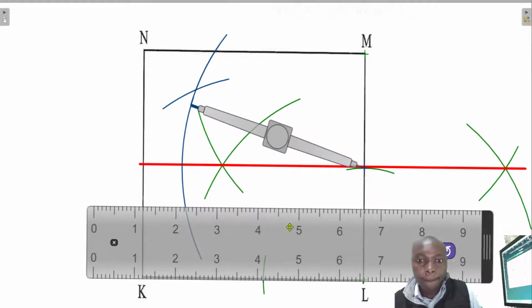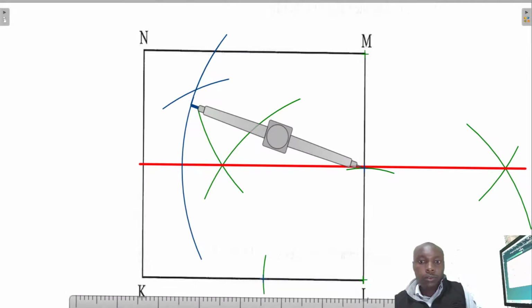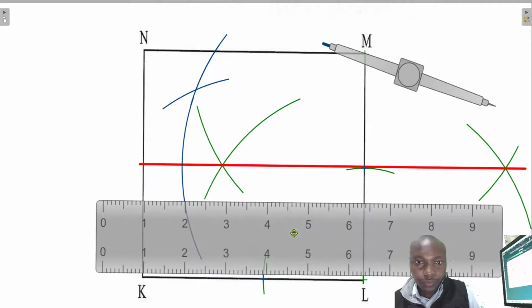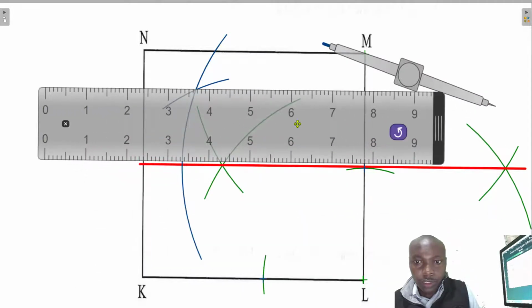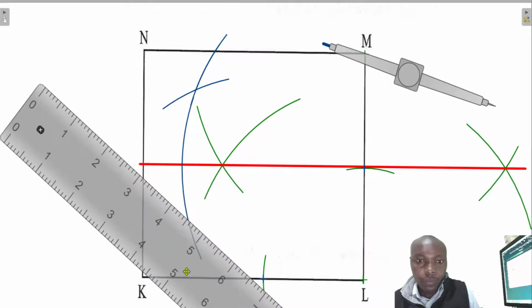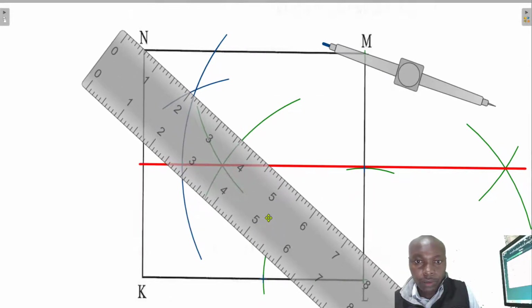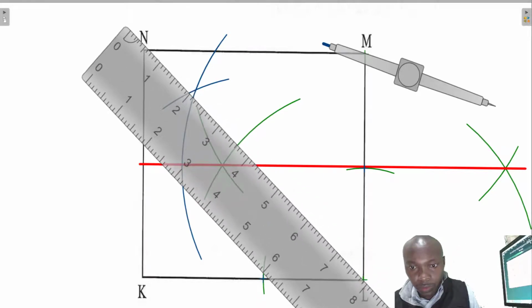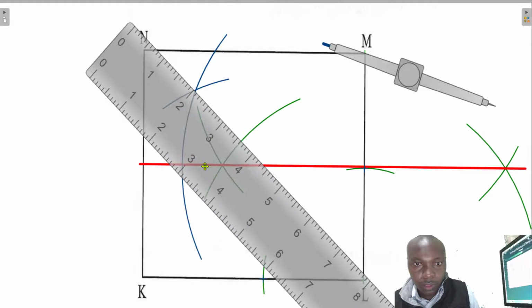So that is the arc. That's good. Now after making that arc, you can join the point of intersection of that arc to bisect that angle. So that is the point of intersection.